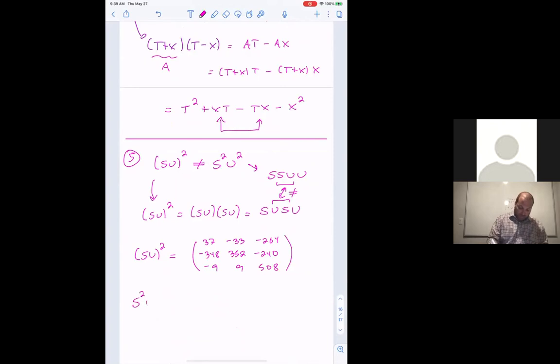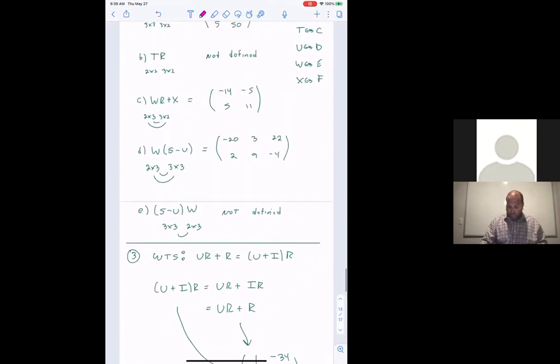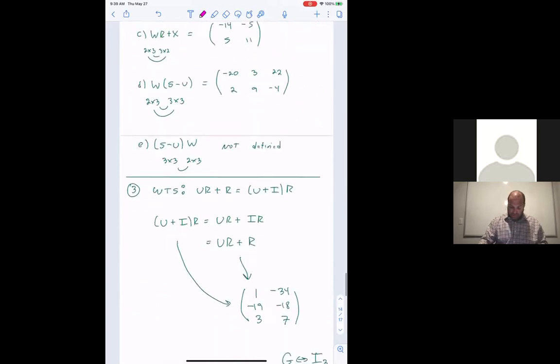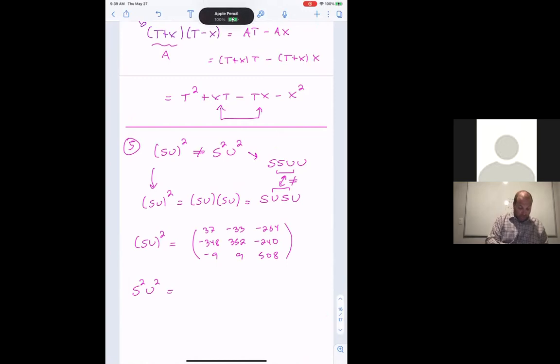Meanwhile, we want S squared, U squared. So again, S is B and U is D. So this is basically B squared, D squared. Now take what I got for B squared and multiply it by what I got for D squared. Oh, it won't let me do it.